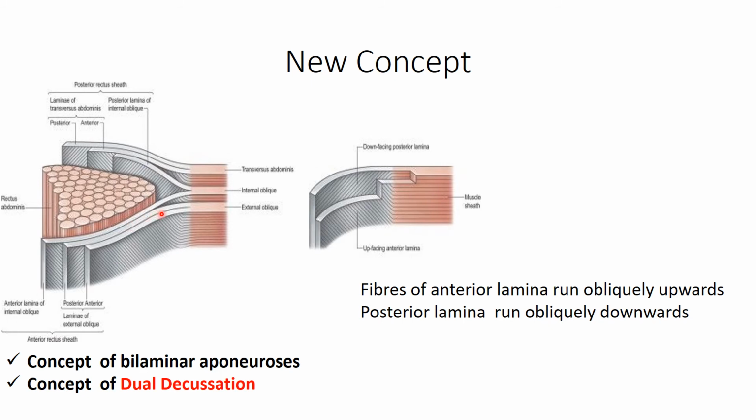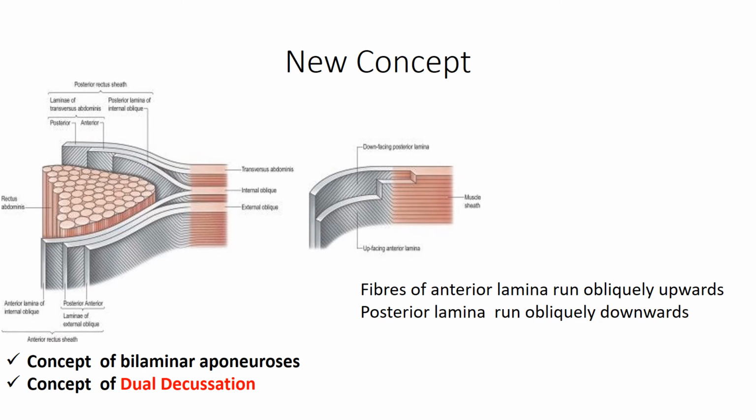Second is the concept of the dual decussation. So these layers, according to the old concept, finally merge at the linea alba, but according to the new concept they cross, and the crossing is dual. They cross not only from the left to right side, but also the anterior lamina becomes posterior lamina, and the posterior lamina, when it crosses to the opposite side, becomes the anterior lamina.